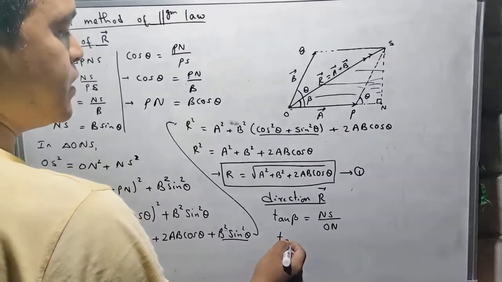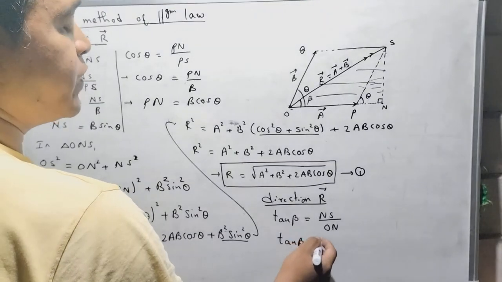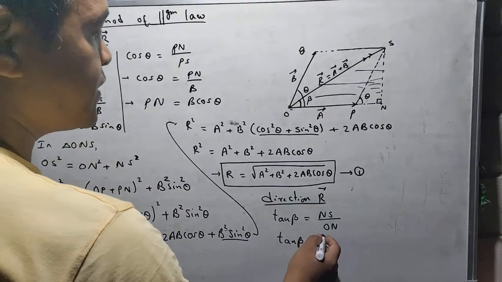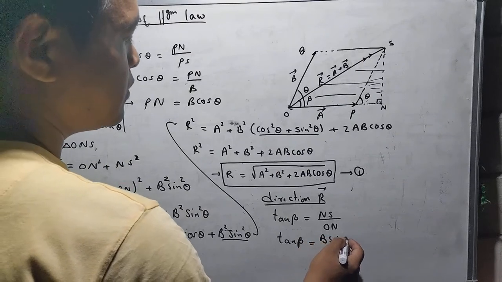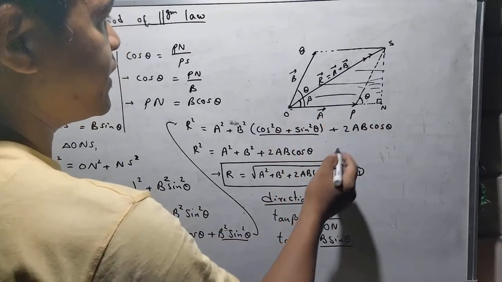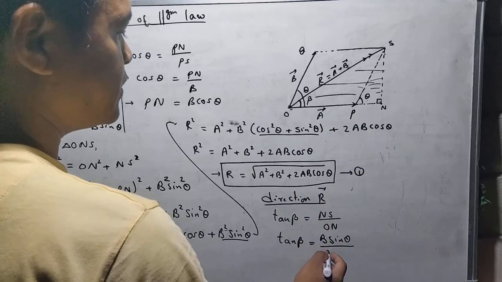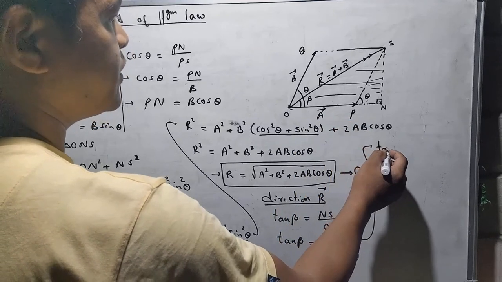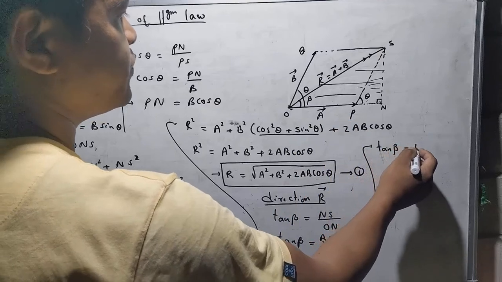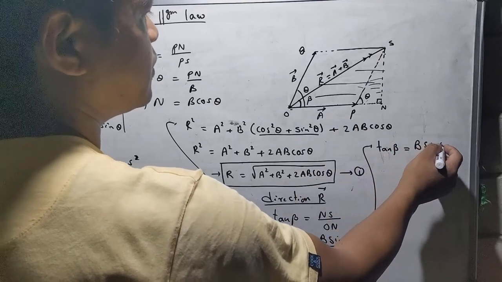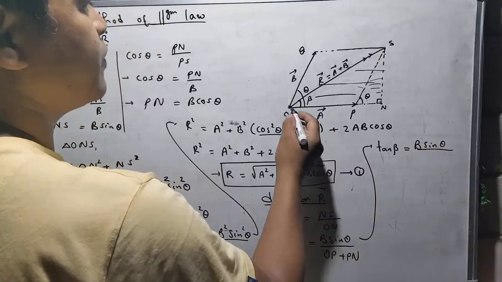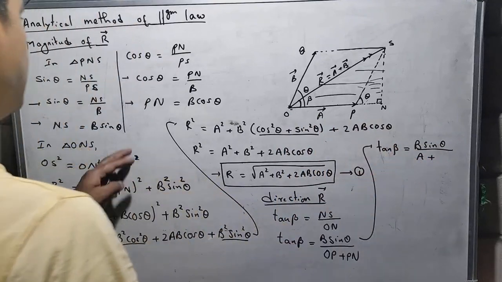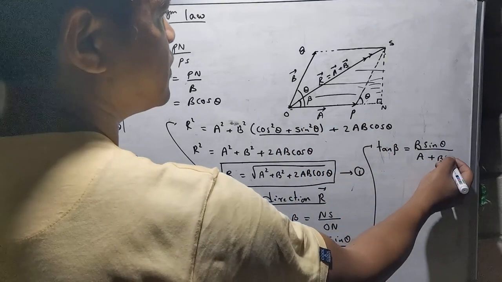Now NS is equal to B sine theta, and instead of ON I'll write OP plus PN, or tan beta is equal to B sine theta upon OP, which is the magnitude of vector A, plus PN, and PN is equal to B cos theta.